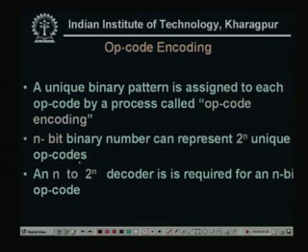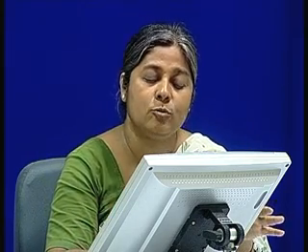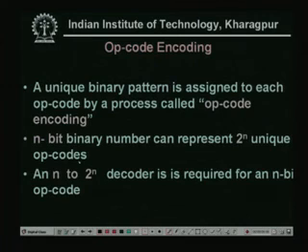If I want to design this opcode part, what is necessary? As we have already seen, an n to 2 to the power n decoder is required for an n-bit opcode.